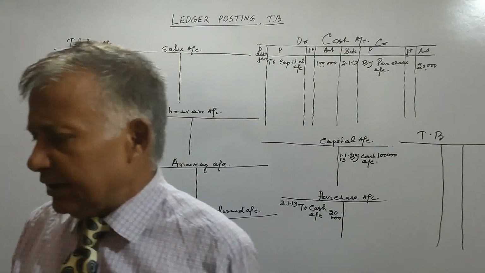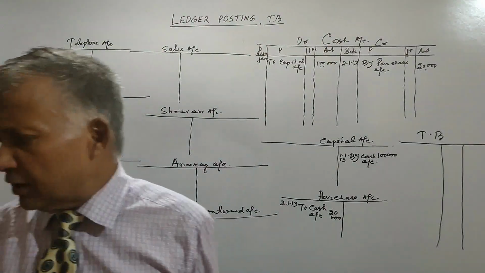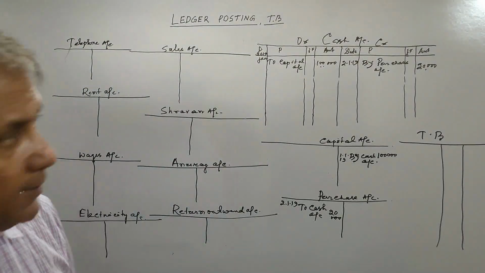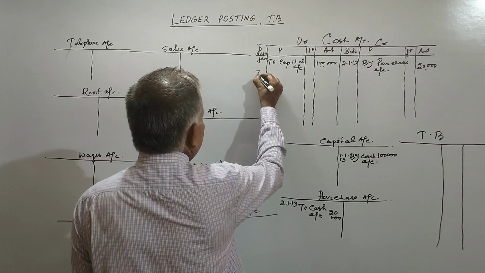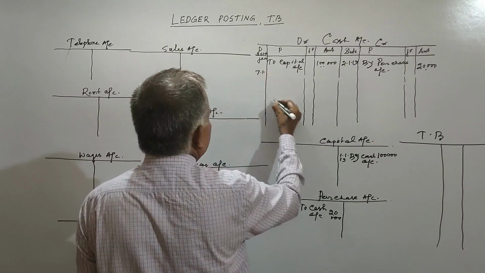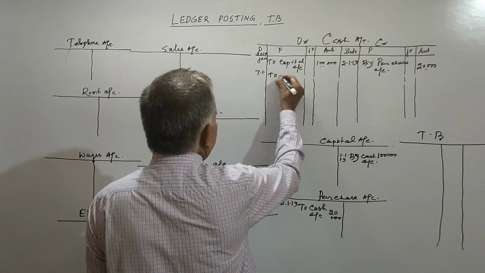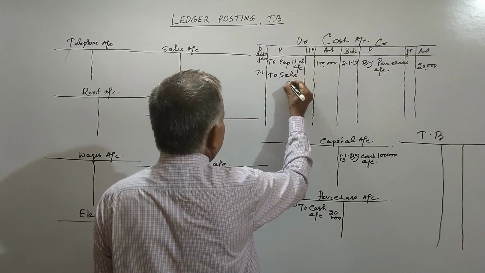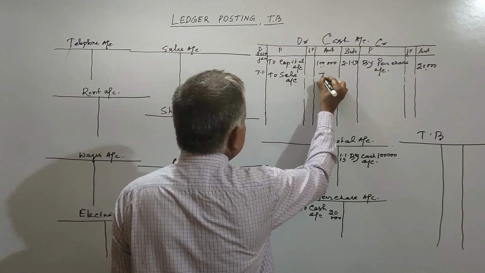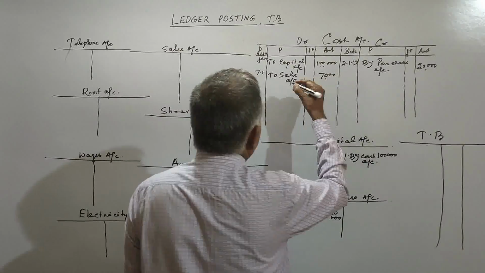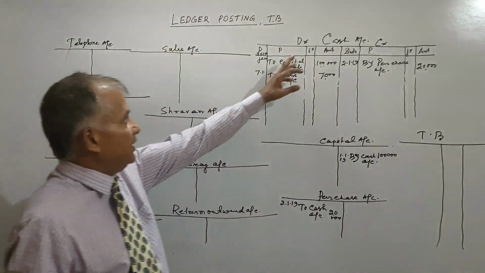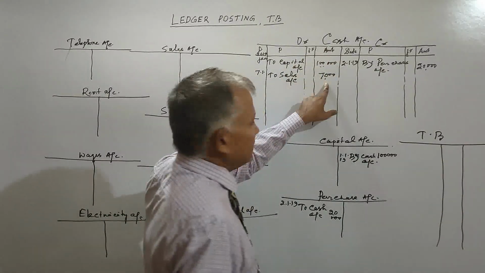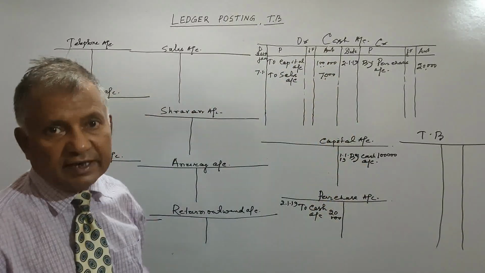Then the third: sold goods for cash, 7,000. This is your cash account debit, 7/1. Cash account debit to sales, 7,000. So in the cash account write the other account, that is sales.